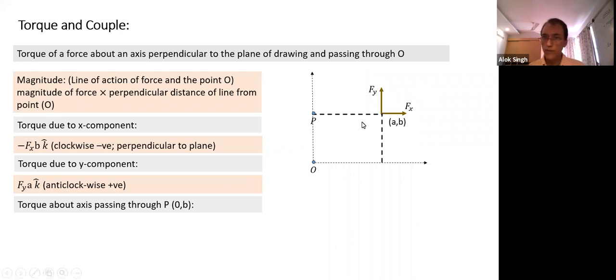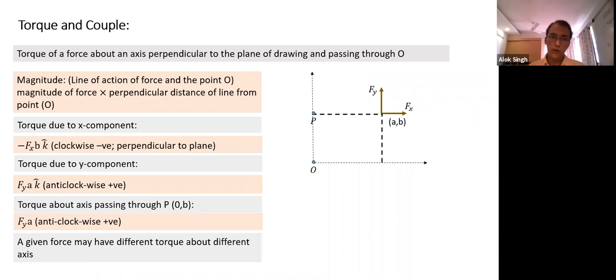Since the point lies on the line, the perpendicular distance is 0. X component will not create any torque. Y component is acting in the vertical direction, so the horizontal distance remains the same. So torque due to Y component remains the same, X component becomes 0.